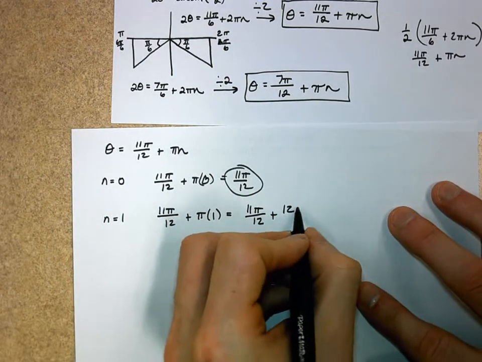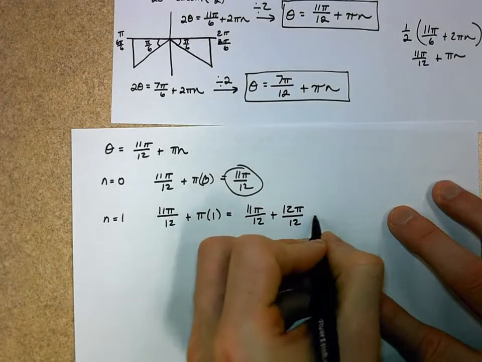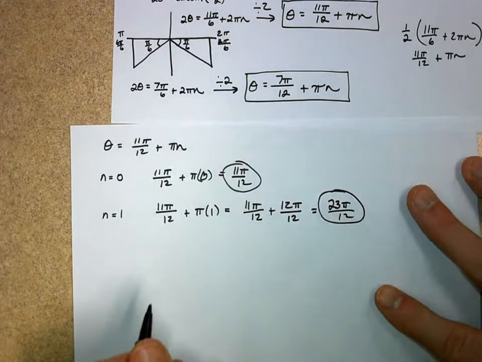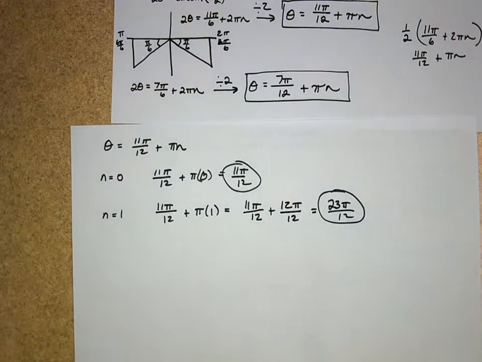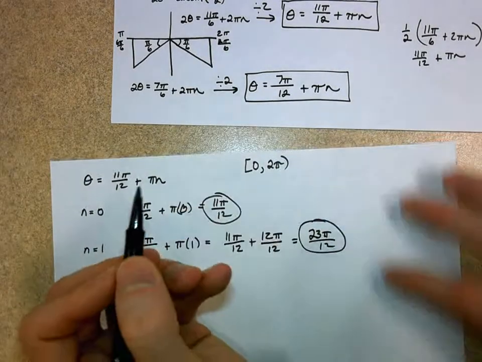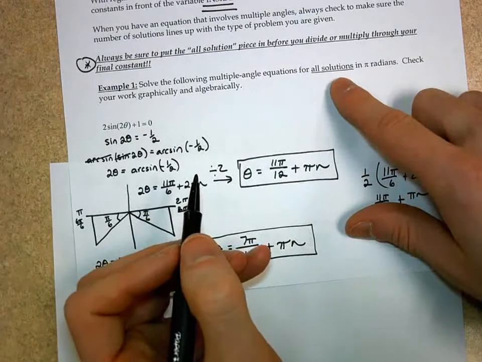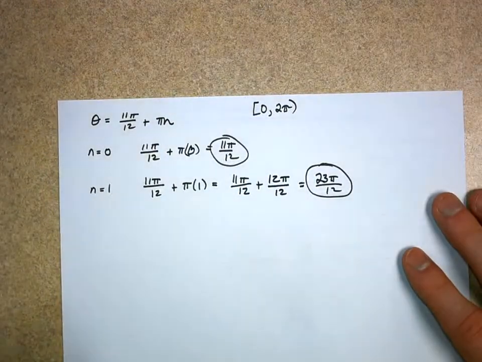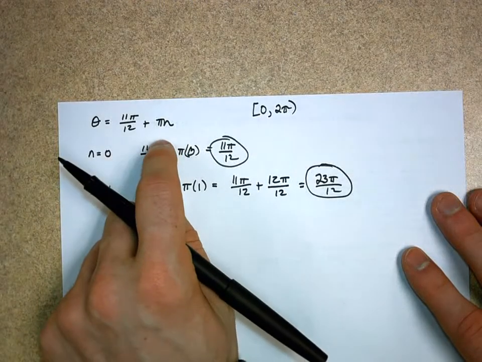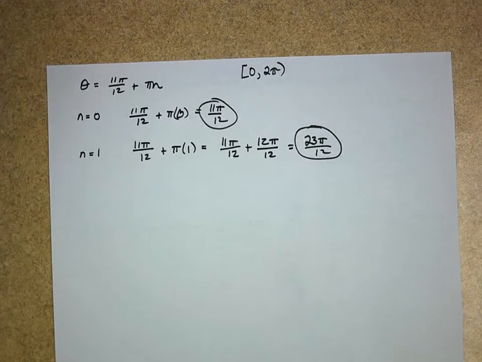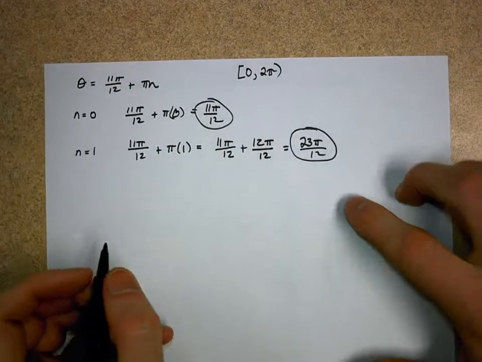is 11 pi over 12 plus, with a common denominator, 12 pi over 12, which is 23 pi over 12. So if it said I was looking for the answers from 0 to 2 pi, instead of all solutions, what I would be doing then is I would first find my equation with that plus 2 pi n, or this plus pi n in this case, and then I would go through and substitute in values that make my equation true.